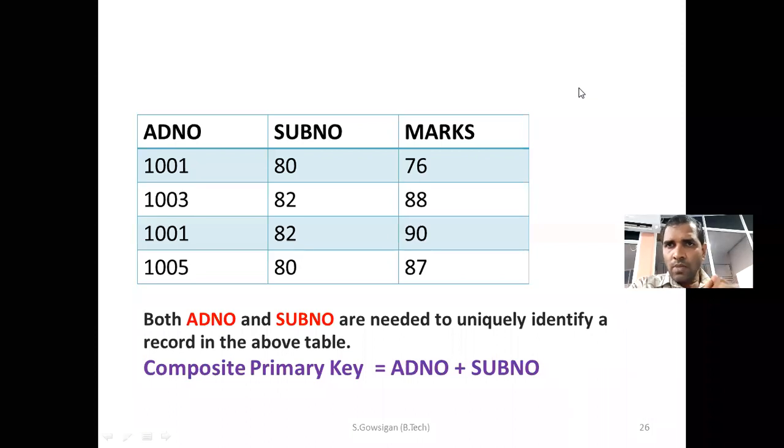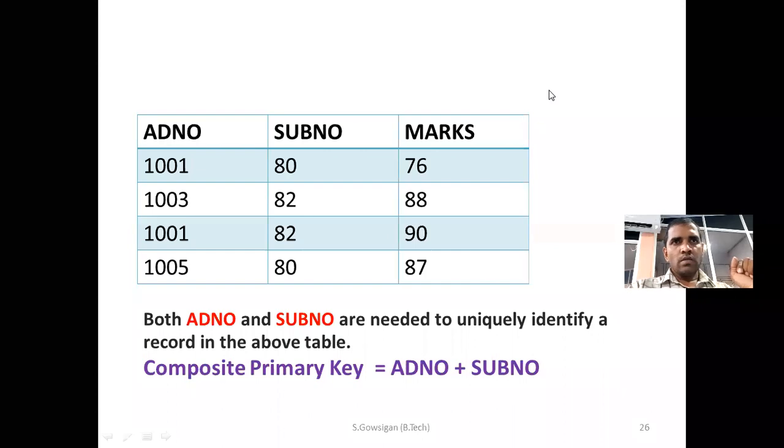But primary key stands as one field and identifies the record. Composite primary key is a combination of 2 or more fields for identifying records.